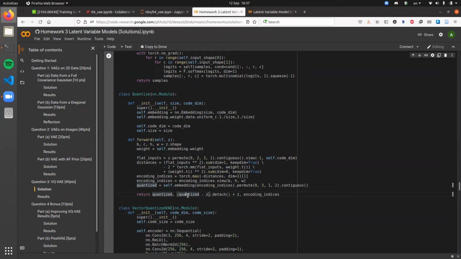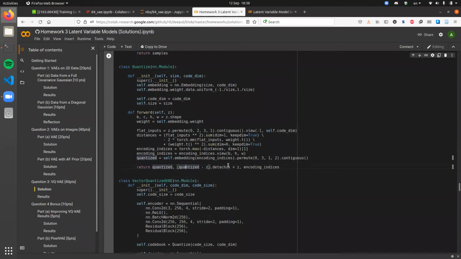But we don't backpropagate to quantized because we detach. This is a bit harder to understand than what I did, but whatever you find more intuitive, these are essentially the same thing.